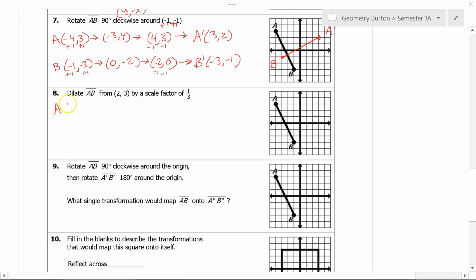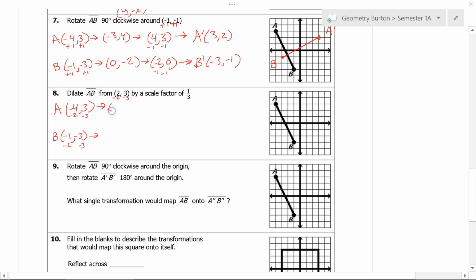So A is still -4, 3, and point B is still -1, -3. Now the center this time is 2, 3. So if I want to change this to the origin, I'd have to do -2, -3. So I'm going to do that to all of these points. So I'll do -2, -3, -2, -3.